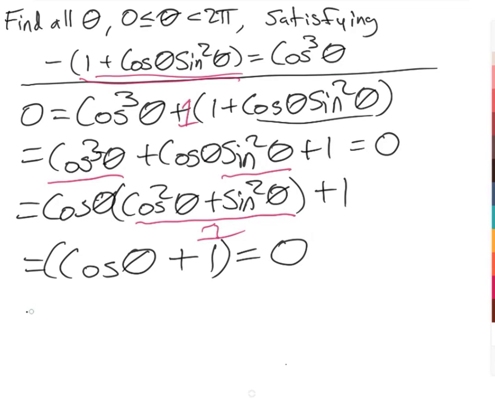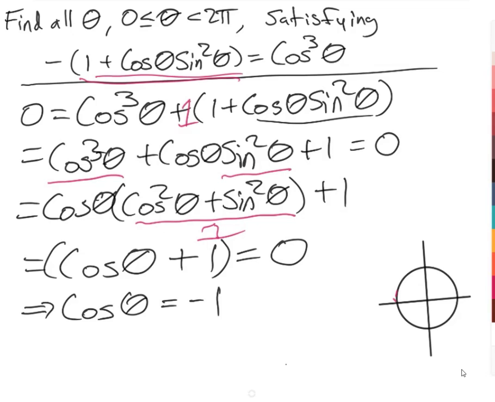We can then solve this in the usual way by moving the 1 to the other side, and we get cosine of theta is -1. Cosine of theta equals -1 is the x-coordinate. X equals -1 is over here.